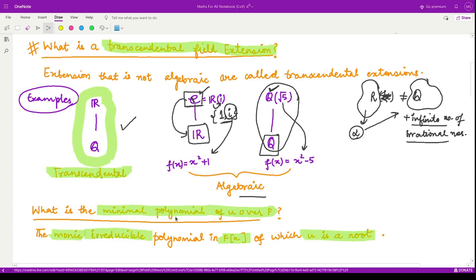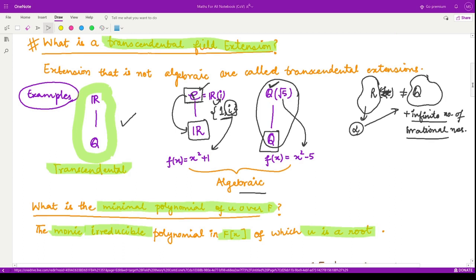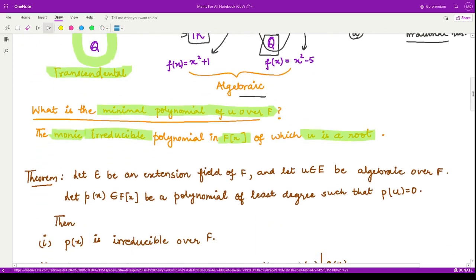Obviously, this minimal polynomial would be the polynomial which would have the least degree of such kind. So the minimal polynomial of u over F is the monic irreducible polynomial in F[x] of which u is a root. This definition would be more clear by seeing this result.